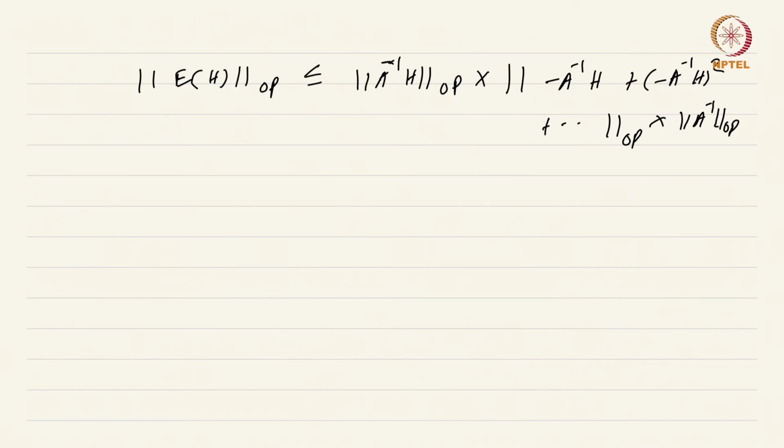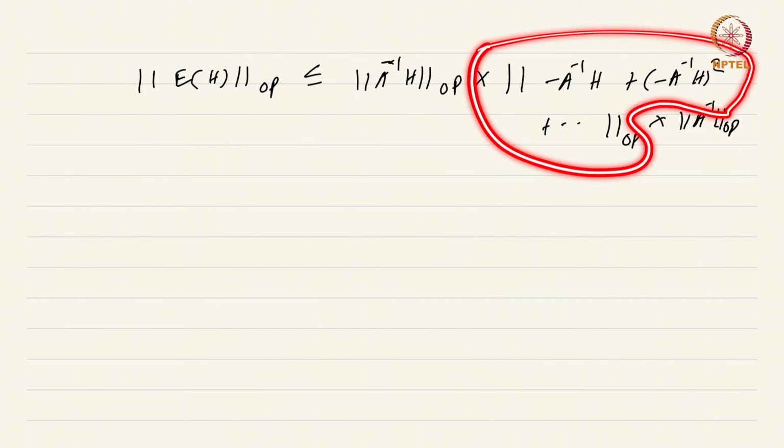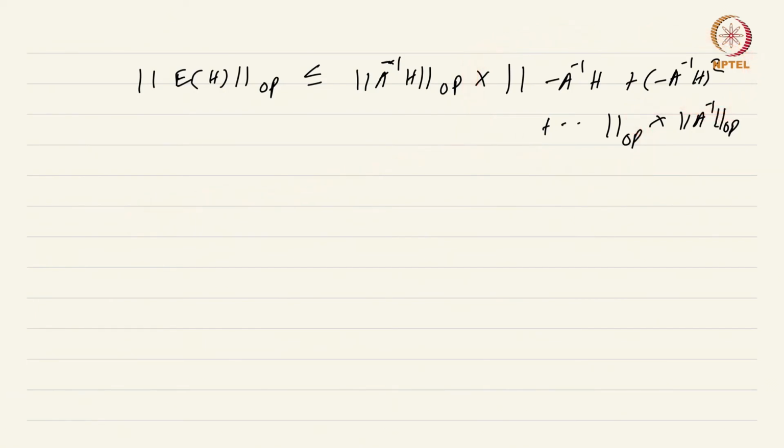Okay, now you have this huge expression here. Now it is straightforward to check that this expression is going to be less than or equal to, so let me for clarity write the whole thing again.